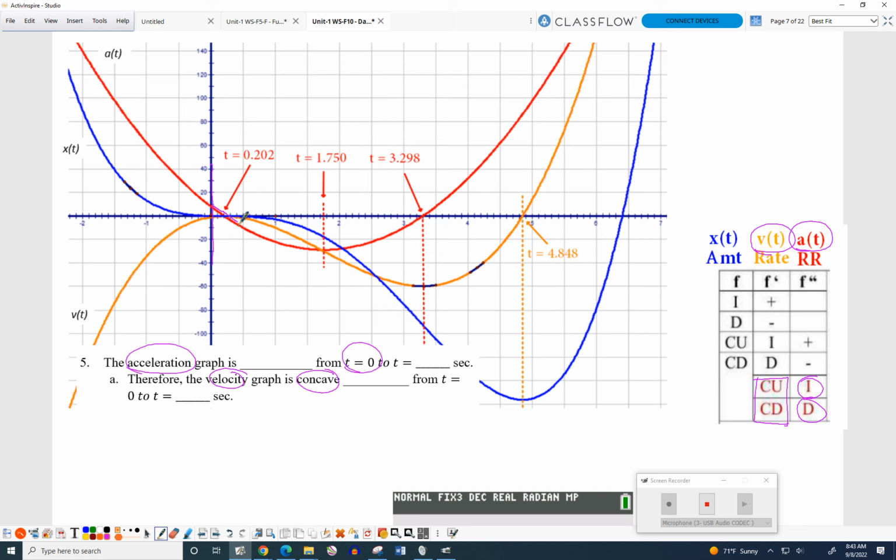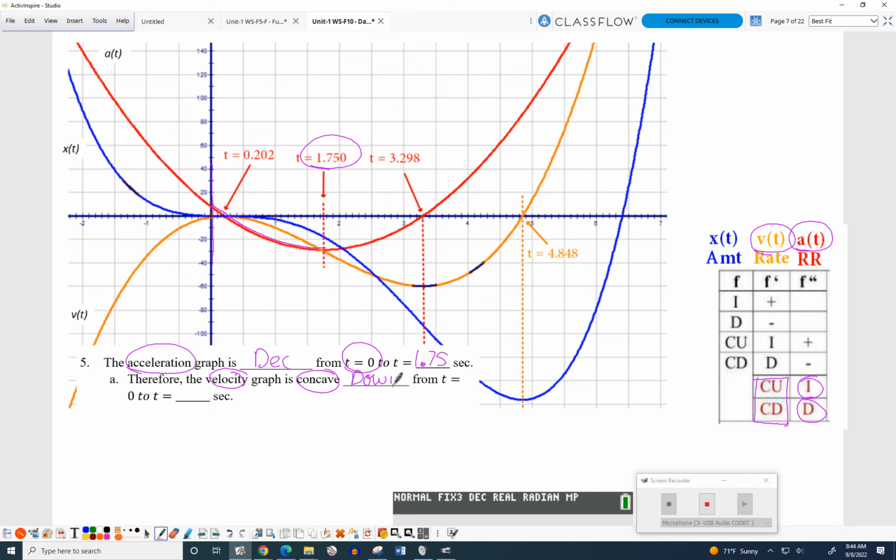How about here? Still decreasing. And it decreases to 1.75. Perfect. So that's what they want you looking at. So the acceleration graph is decreasing from time 0 to 1.75, meaning that in that same time span, the velocity graph must be concave down.